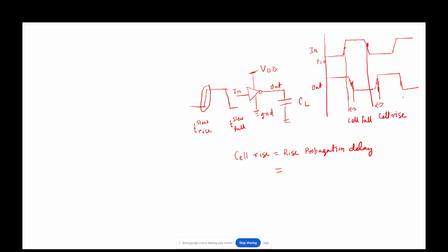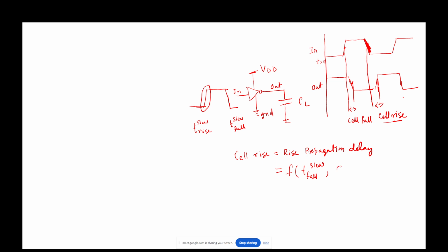The cell rise is a function of, if you see here, what? The input fall transition time, the fall slew, because the input is falling, so this is one of the parameters, and the load.